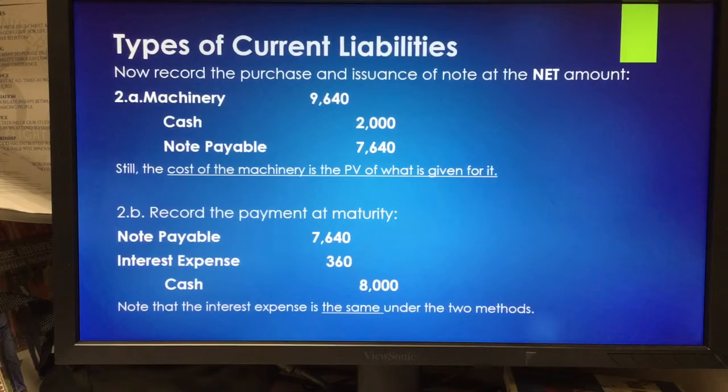In the second part, or part B here, when we record the payment at maturity, you see that we are debiting that note payable for the $7,640, which eliminates the balance in that account, crediting cash for $8,000, and there's that interest expense of $360. And so once again, we see that the note payable is eliminated, just like it was under the gross method. We're paying cash of $8,000, and the interest expense and of course the recorded value of the machinery are the same under the two methods.